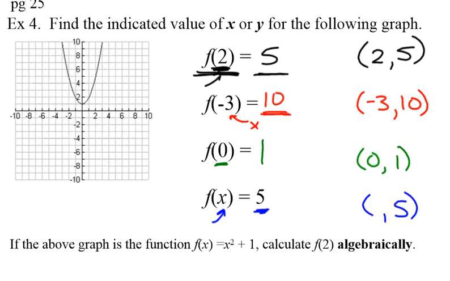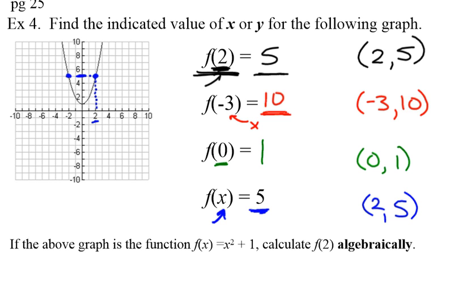We now know that y is 5. When y is 5, what x value gives us that y value of 5? Look at that. We actually have 2 parts on the graph that have a y value of 5. So if I go down, what's the x value that gives me a 5? 2. So we have 2, 5 as one of the relations.